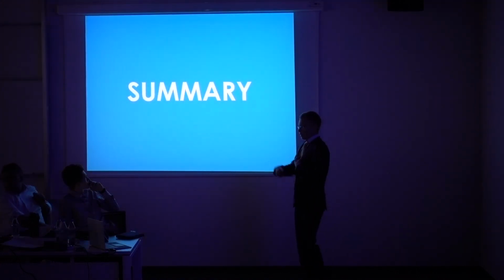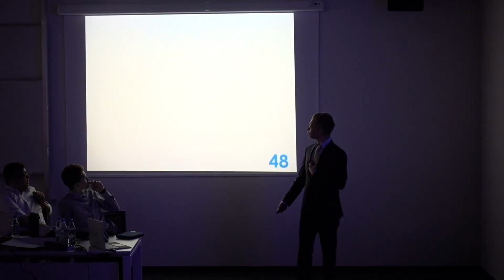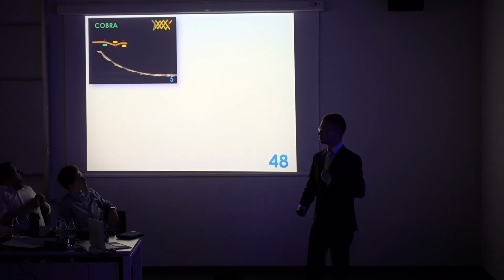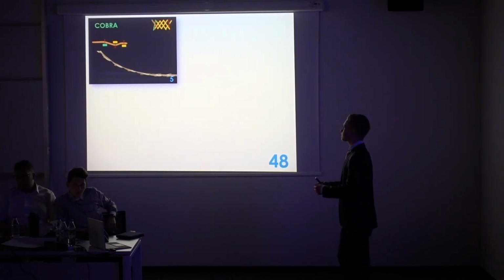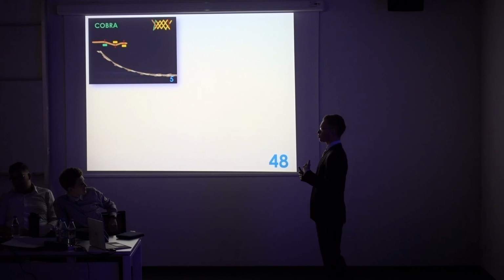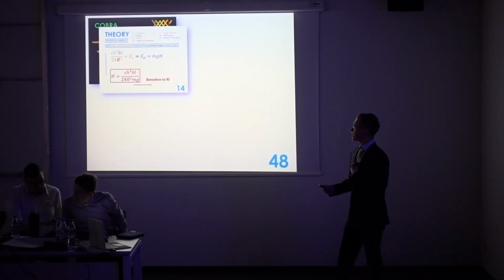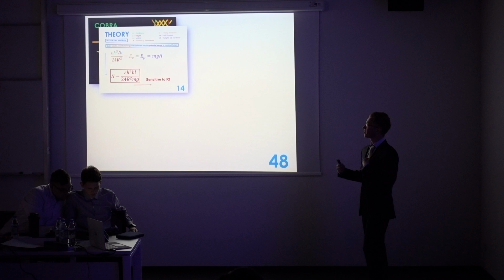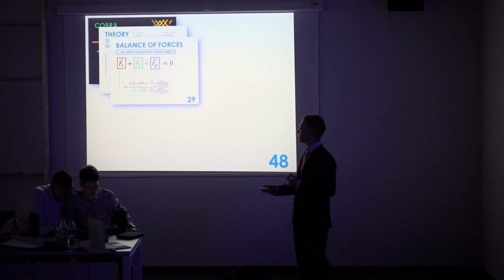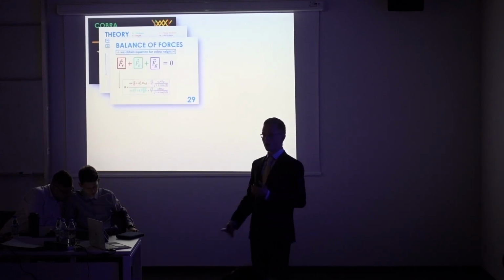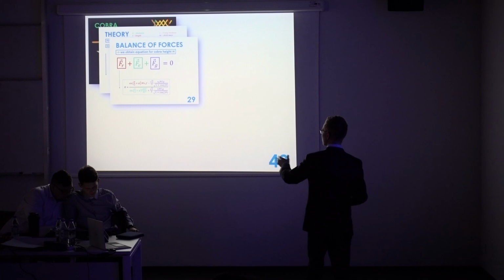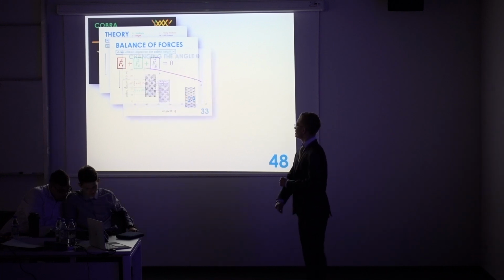So, to summarize, we presented the cobra as we should create it. We presented a qualitative theory based on potential energies, and then we corrected it with the forces, as you can see here.